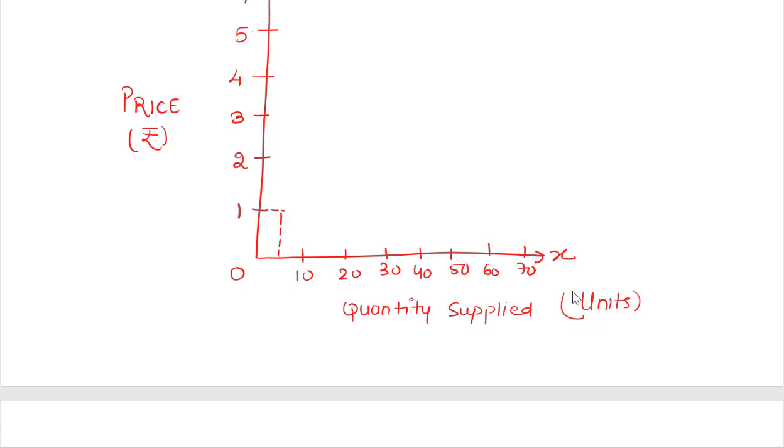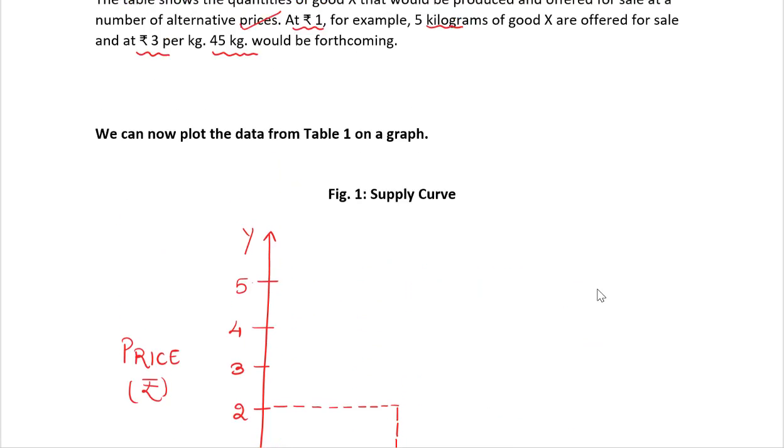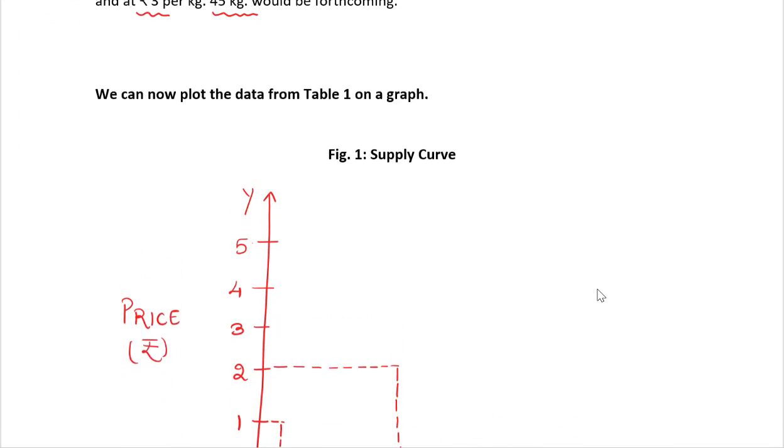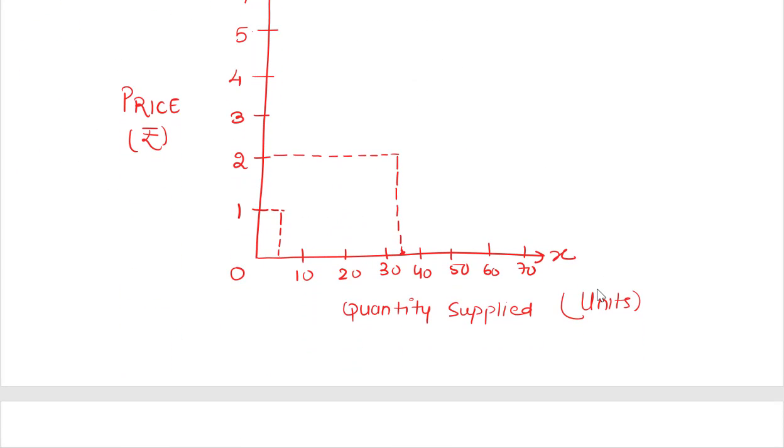At 2 rupees it is 35 units. At 3 it is 45. At 4 it is 55.